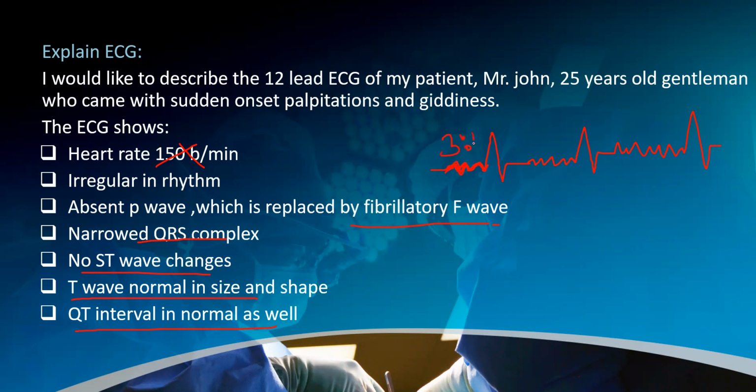That's called 3:1 block. Here, 1, 2, 3, 4, 5, so 5:1 block. Here, it's more like 8 or 9:1 block. That's a variable block. In this case, your RR interval will be irregular. But if someone has 3:1 block all the time, then your RR interval will always be regular. So in atrial flutter, you can get regular rhythm or irregular rhythm based on the block that they are having.